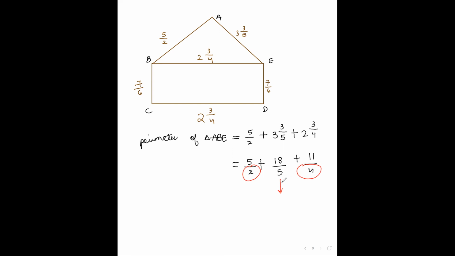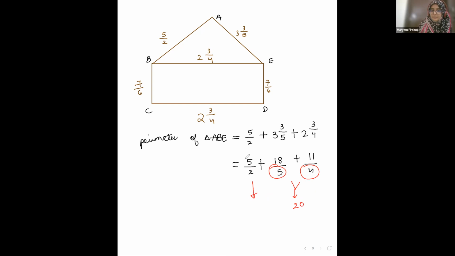No. If you do 2 into 5, what does that give you? 10. Does 10 come in the table of 4? No. If you do 5 into 4, what does that give you? 20. Does 20 come in the table of 2? Yes. So 20 is the LCM.